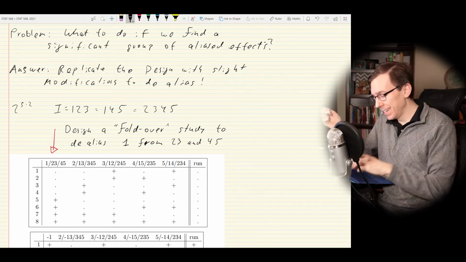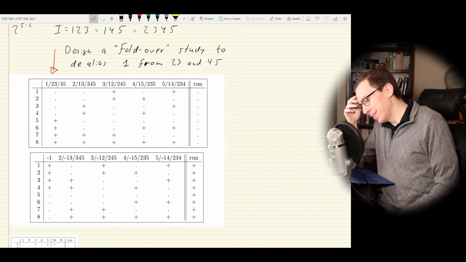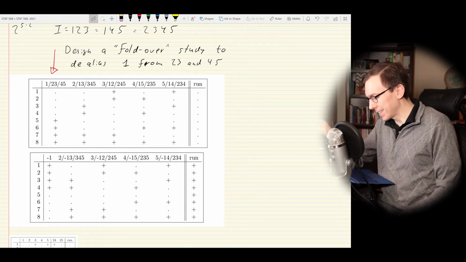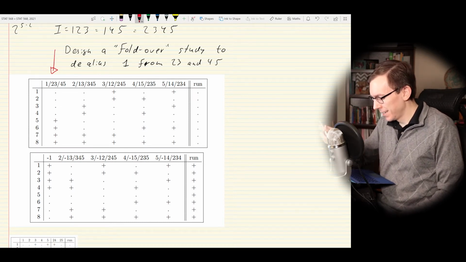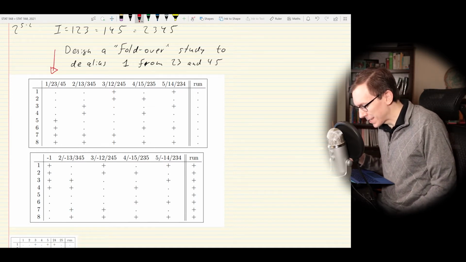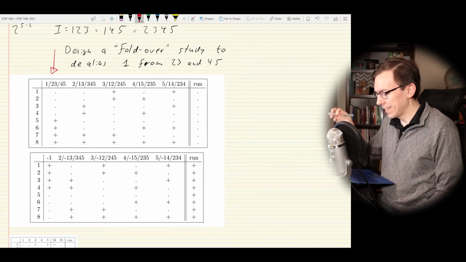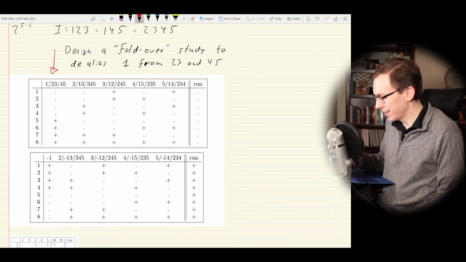What does that mean? That means we create another table where we flip the value of the first column, basically. Notice that my rows now seem to be slightly askew because of the way LaTeX decides to organize things.